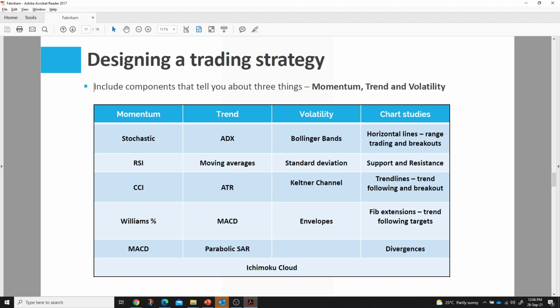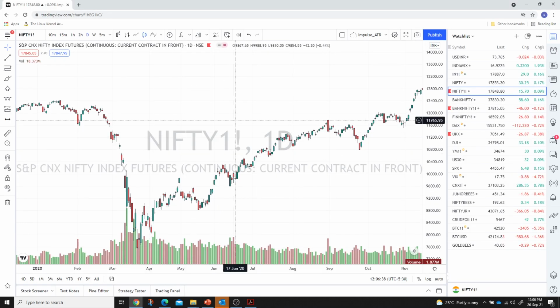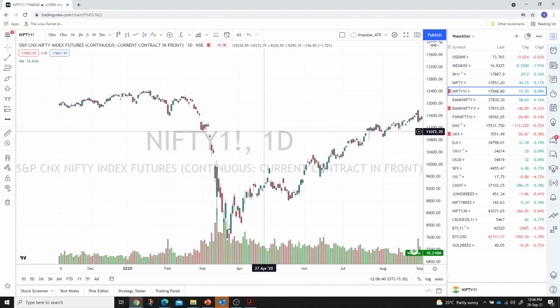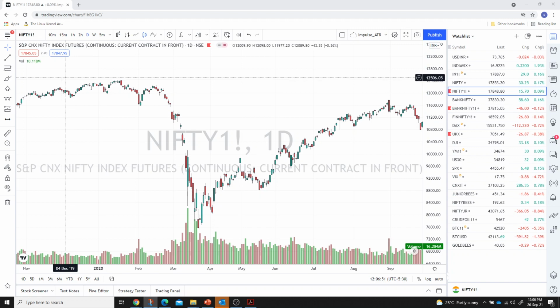What is momentum? What is trend and volatility? And why do they go hand in hand? For any chart, let's say I take a chart which looks like, okay, let's just go with this. Now, why do I need trend? Why do I need momentum?